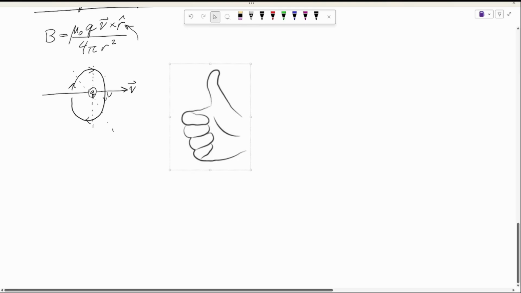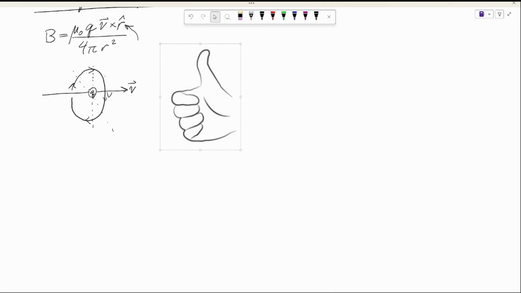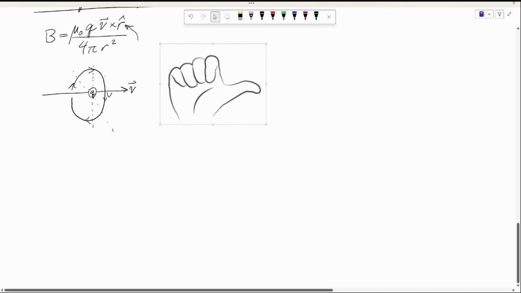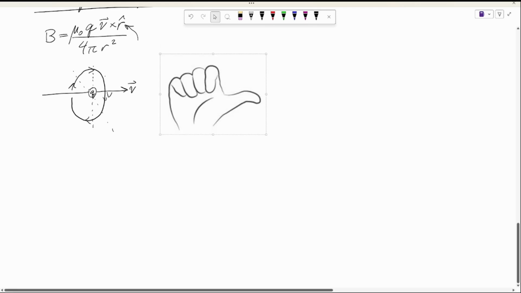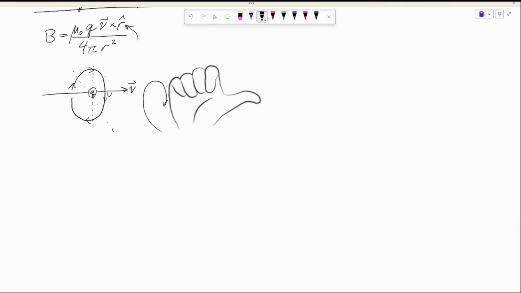If you use your right hand, point your thumb along where the charge is moving and curl your fingers towards your palm. Your fingers will curl in the direction of the B field. As you can see, your fingers are curling like so, and that is the direction of the B field all around the point charge.